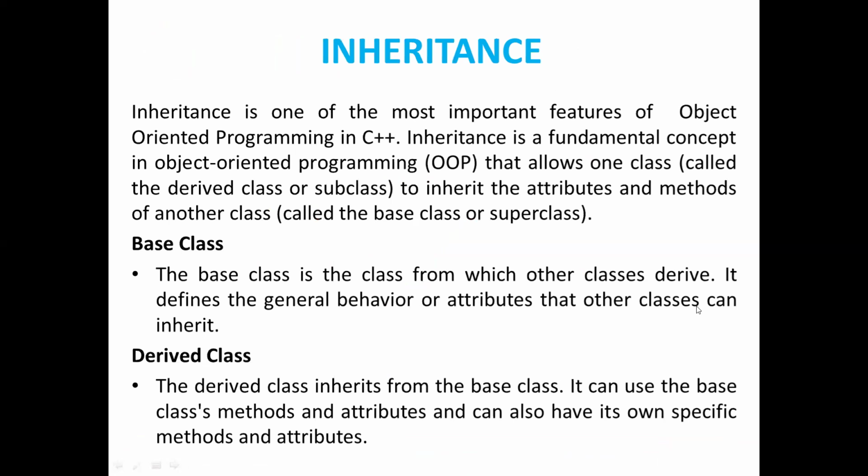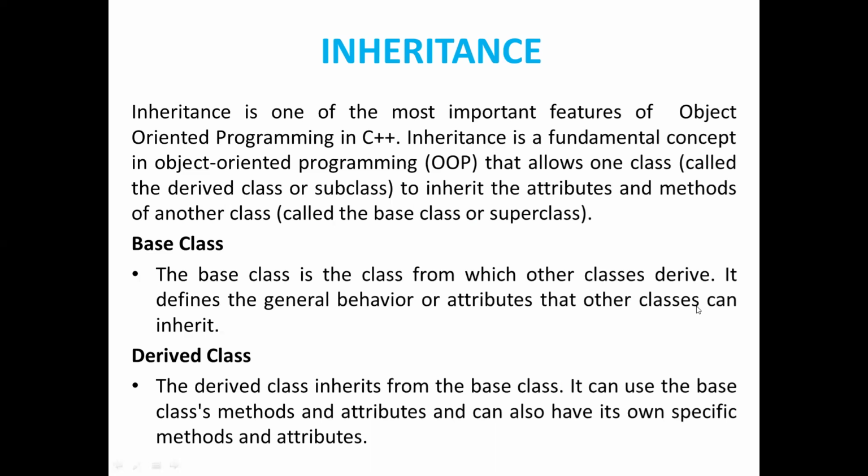Inheritance is a process in which one class inherits the properties of an existing class. The existing class is called the base class or the parent class, and the newly created class is called the derived class or child class. The important feature of inheritance is that it provides the concept of reusability.